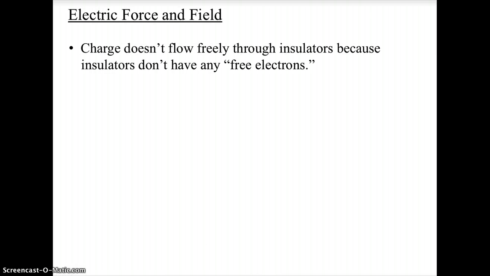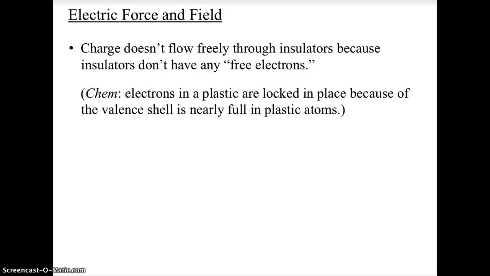Now, we know charge does not flow freely through insulators. In physics, we say the reason is that insulators don't have free electrons. The chemistry explanation would be that in a plastic, the electrons are locked into place because of the valence shell configuration. Specifically, the valence shell is nearly full in the plastic atoms, so the atoms hold tightly on their electrons.